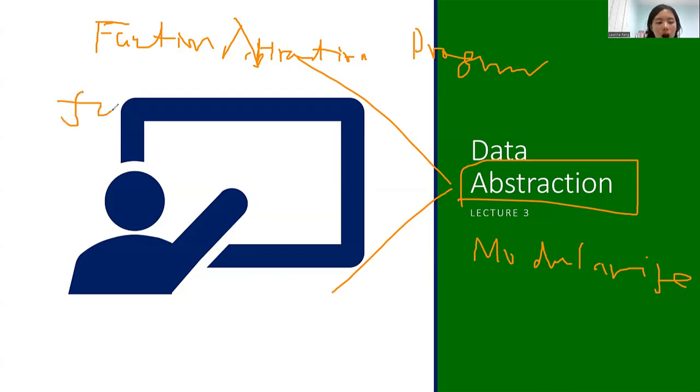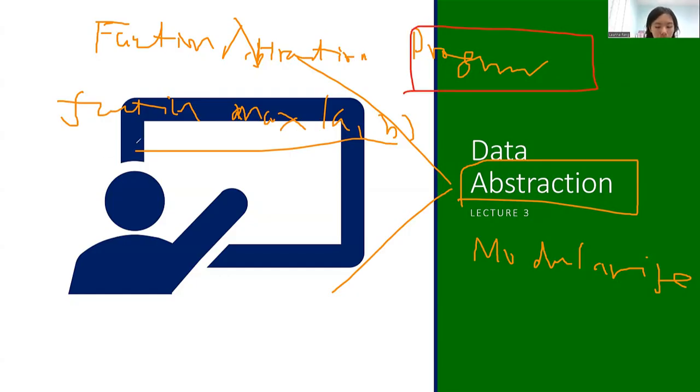Let's assume that you have a function max of A and B, and this will return the bigger one of A and B. This we call program abstraction, because when you call it, you just call the function. As for the detail of the function, we already hide the difficulty behind it.